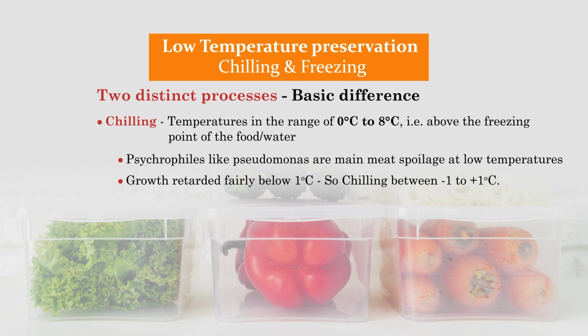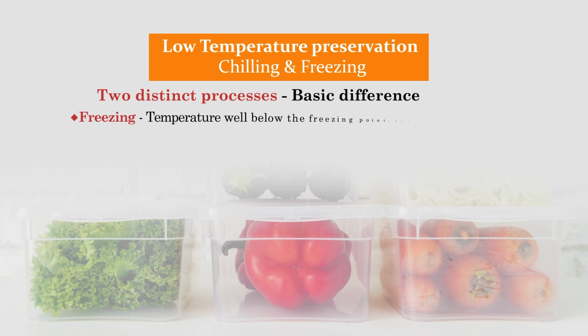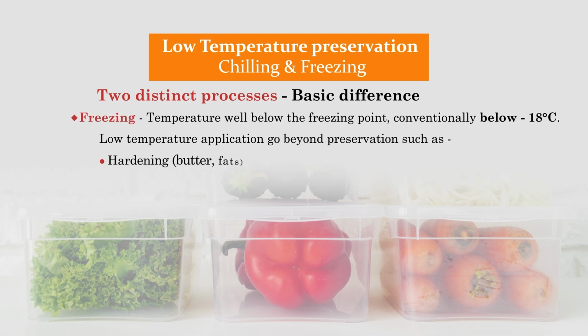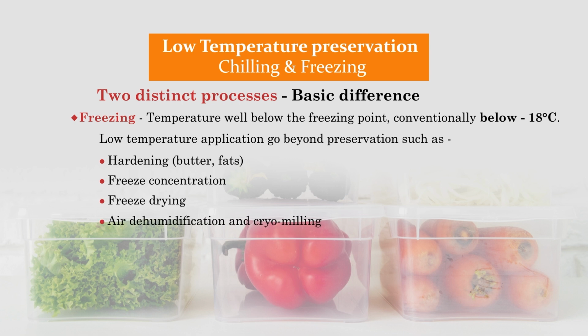That is how chilling is defined. Freezing, of course, needs a temperature much lower than 0. Conventionally, the storage temperature used is minus 18 degrees centigrade, though freezing might take place even lower than minus 18 degrees centigrade.